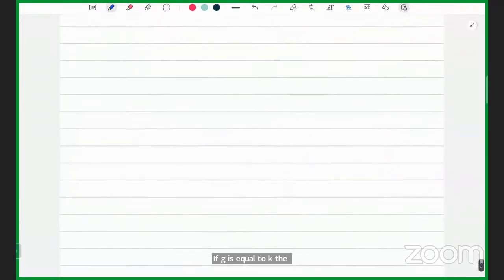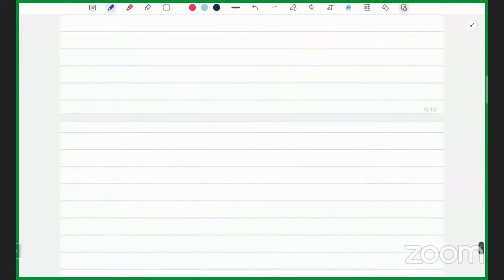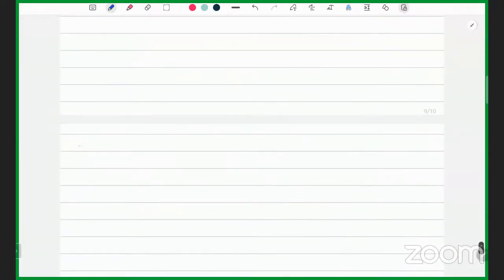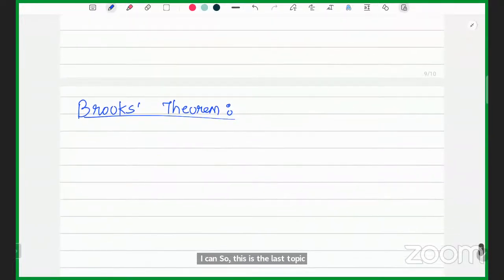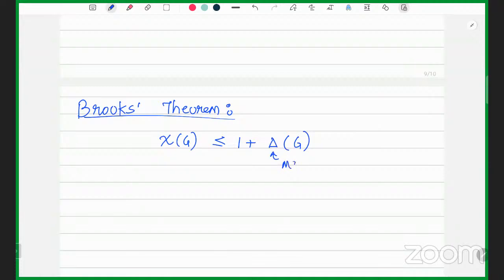Maybe I can leave this place so I can come back. So this is the last topic. What we saw earlier was that the chromatic number of G is at most 1 plus the maximum degree of G. Remember, this was the max of all the degrees.